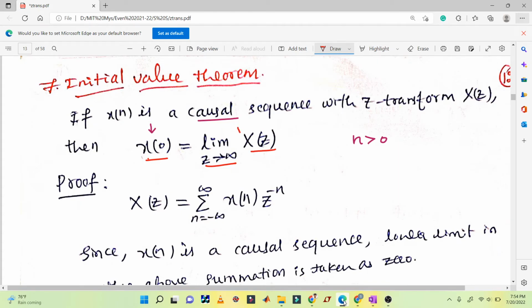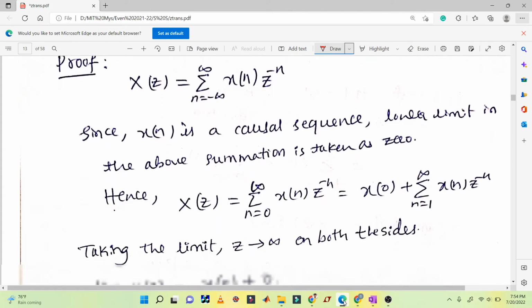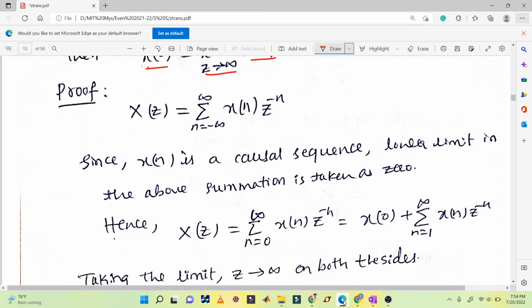So we have to find the z transform of the given signal and then apply the limit z tends to infinity. Then we will get the initial value of the given sequence. So this is the standard equation.